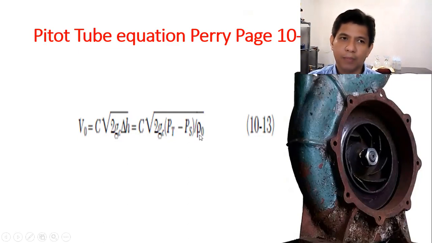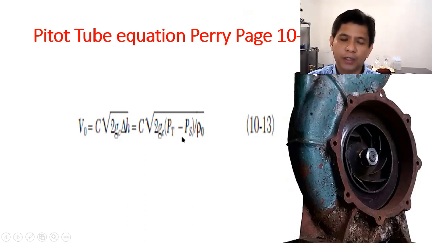Tapos you divide it by kilogram per cubic meter. So basically you will have meters in SI system, tapos this will result to meter squared per second squared. If you take this square root, this will result to meter per second in SI system.